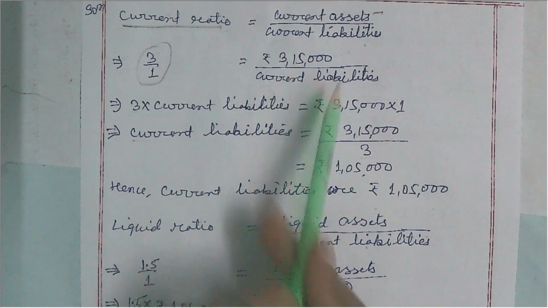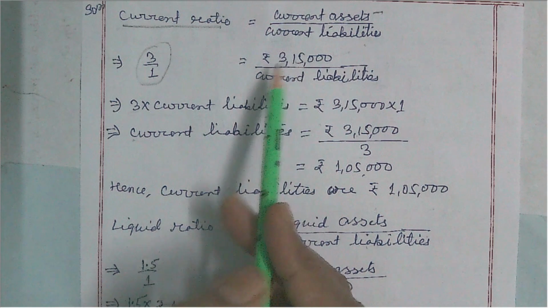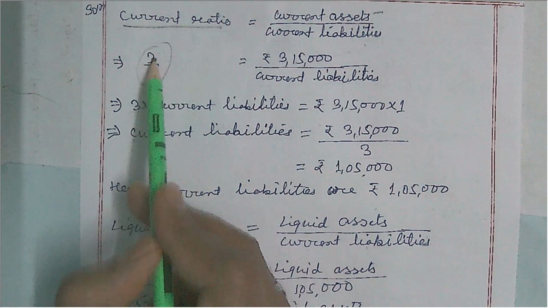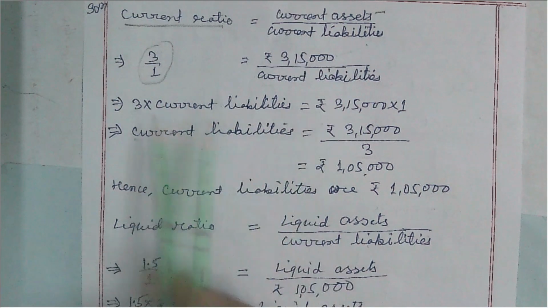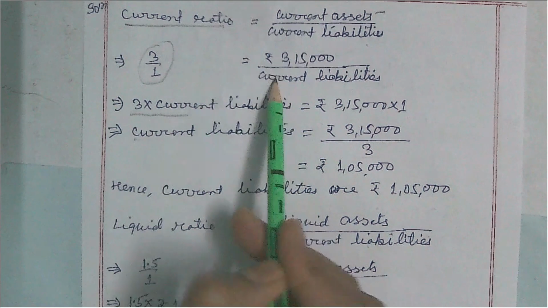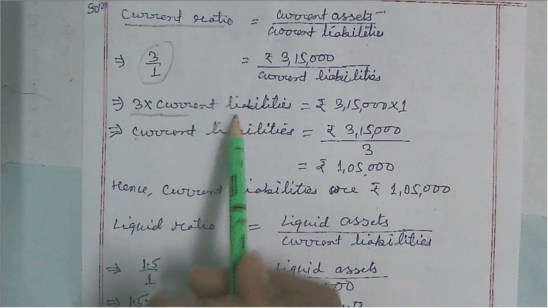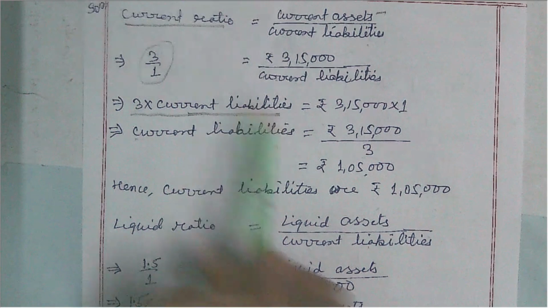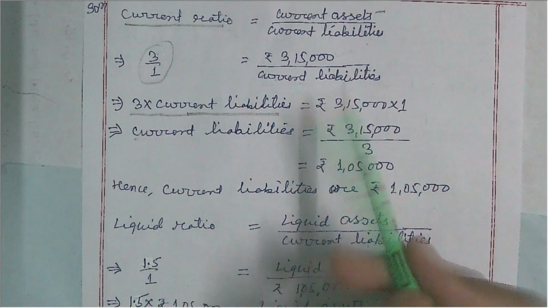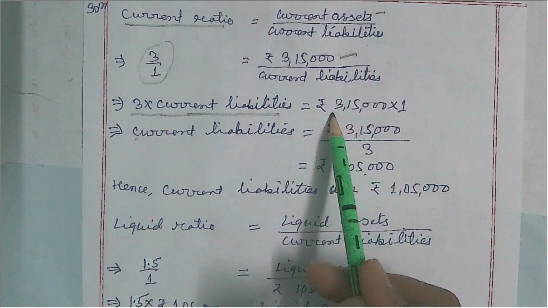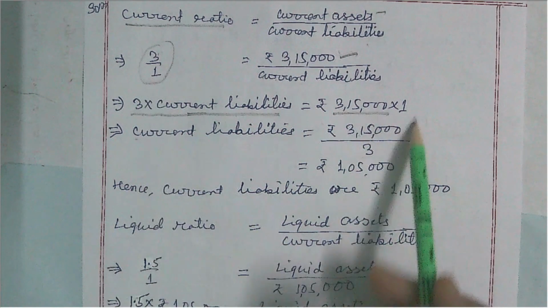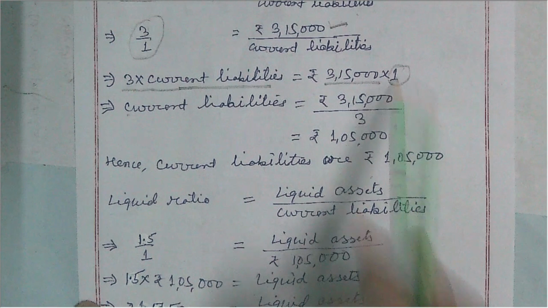Cross multiplication, and current assets is given as 3,15,000.